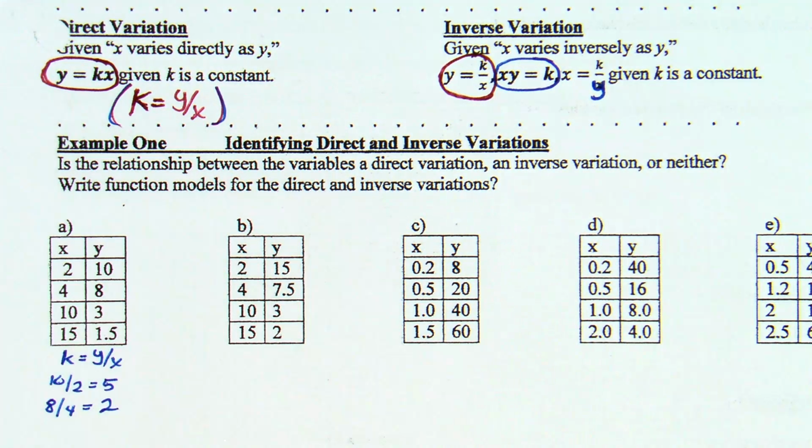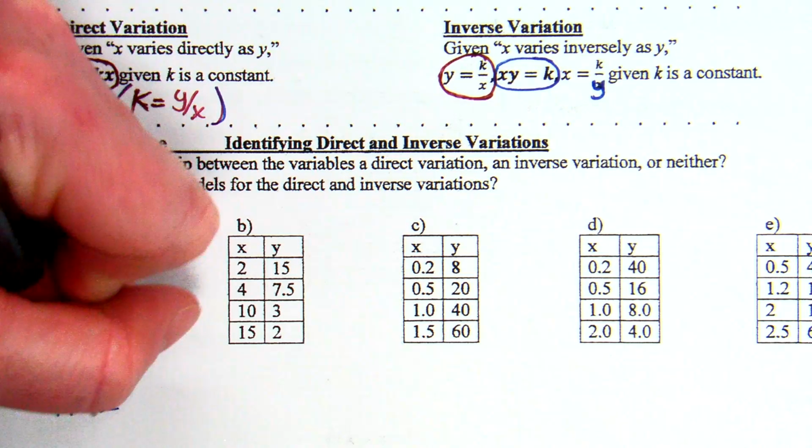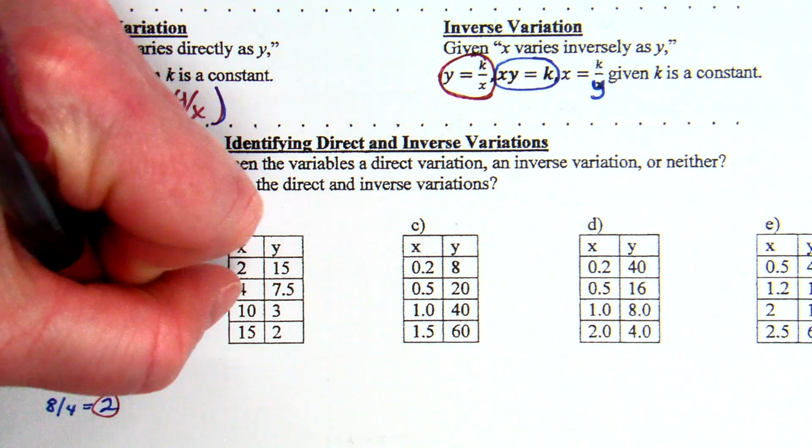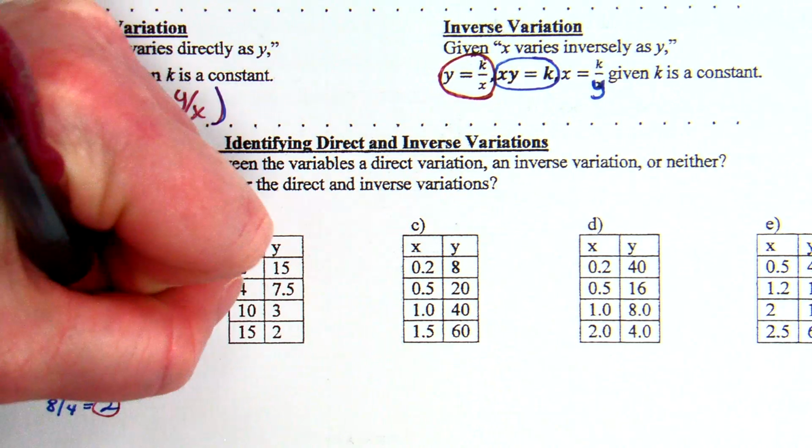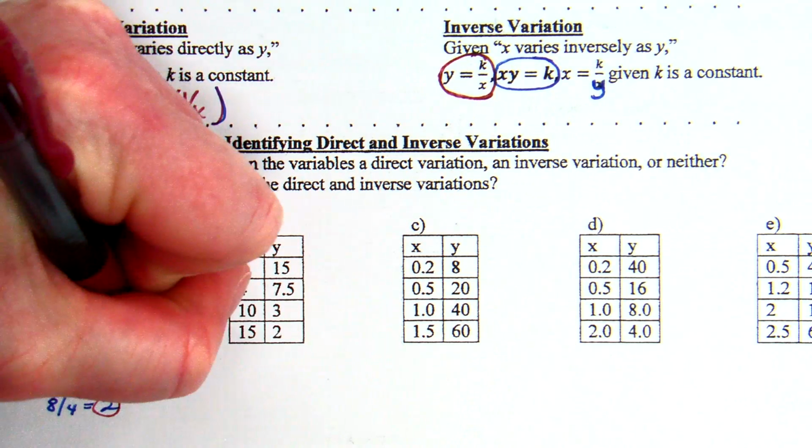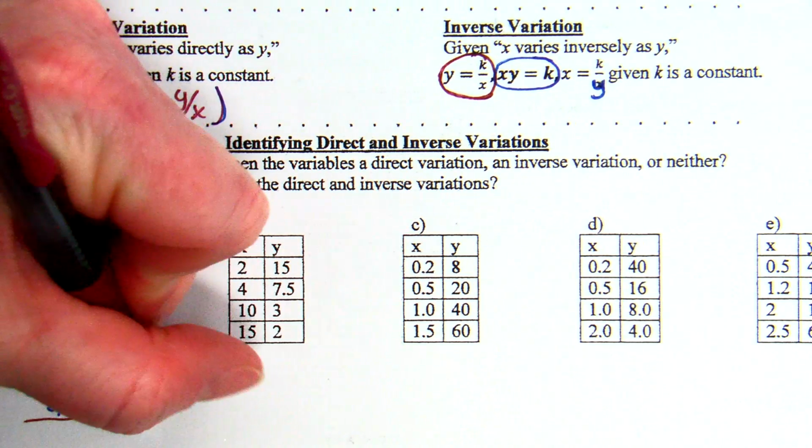It needs to be the same every time. 10 divided by 2 is 5, so if these all match, they all need to be 5. But 8 divided by 4 is 2, so they would all need to be 2. Because my 5 and 2 are different, this tells me that this is not direct variation.